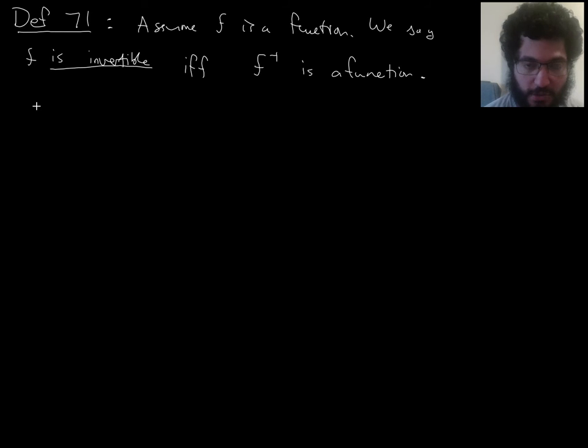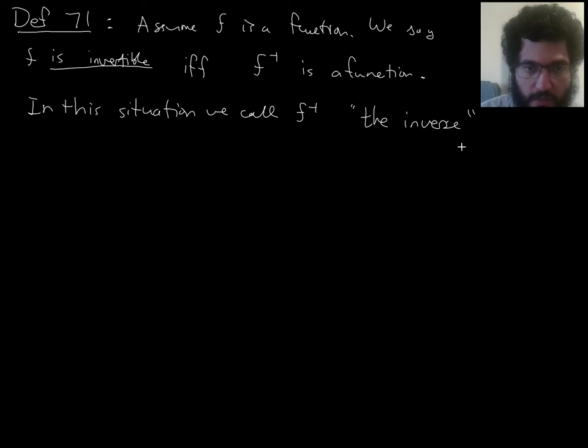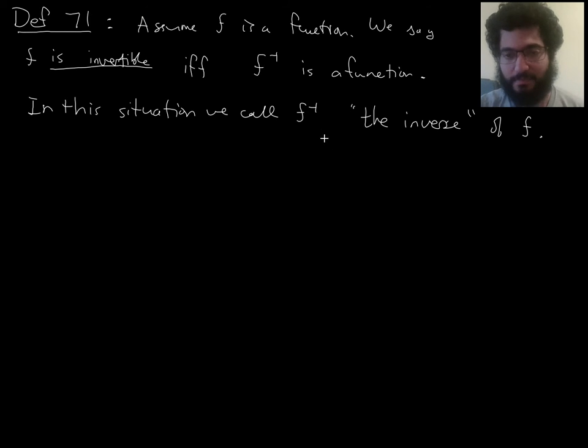Then, in this situation, we would call f reverse the inverse of f. So here I'm defining this terminology, the inverse of f. The reverse of f, which, by the way, I don't know if that's standard terminology, it might not be. But the inverse is definitely standard terminology.